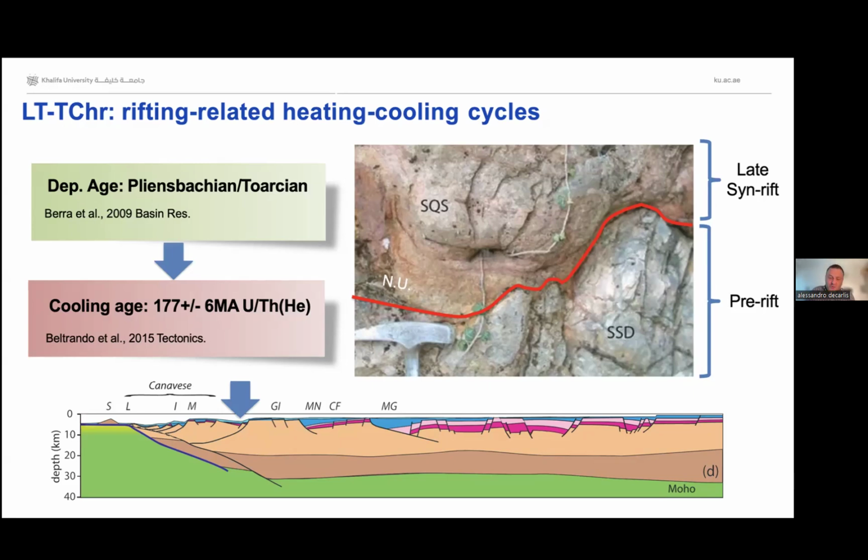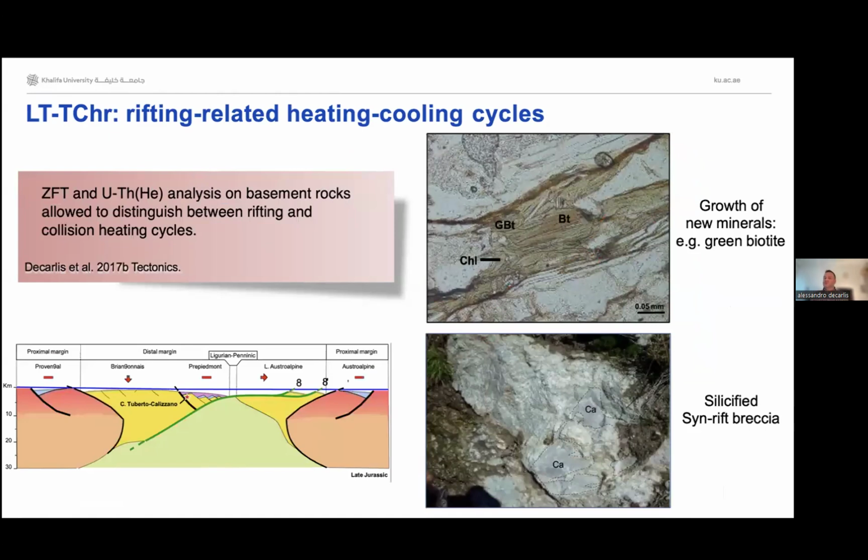Another quite shocking study for us, as we are dealing with the Alps and with margins, was this one. We went into the same tectonic position, on top of one of these distal margin faults, and we analyzed the basement. We found that not only can we spot a rifting-related metamorphism, but that it was more widespread and more consistent than expected.